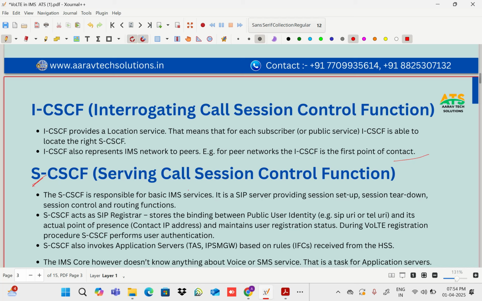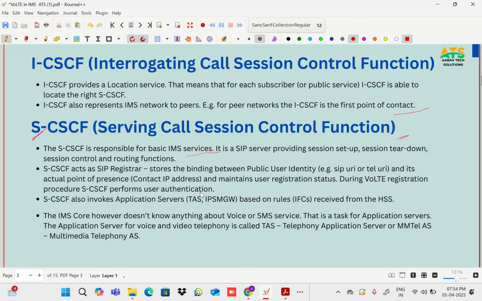SCSCF, serving call session control function. The SCSCF is responsible for basic IMS services. It is a SIP server providing session setup, session teardown, session control, and routing functions. SCSCF acts as a SIP registrar server.